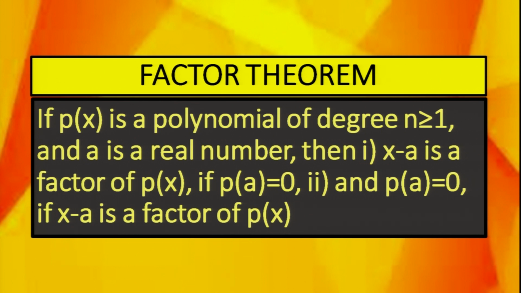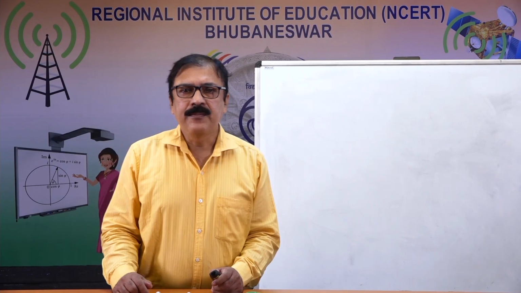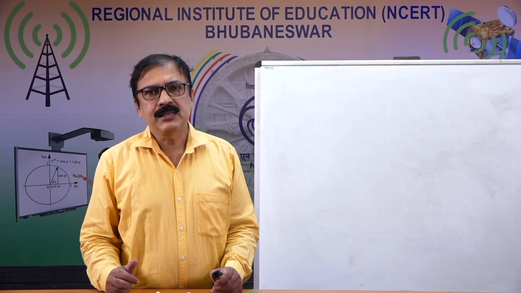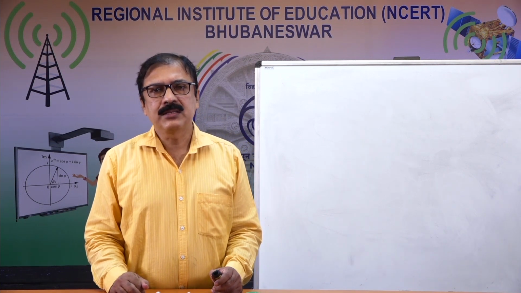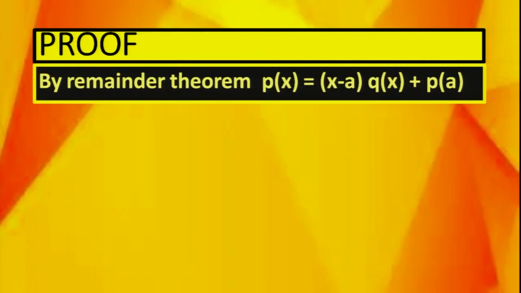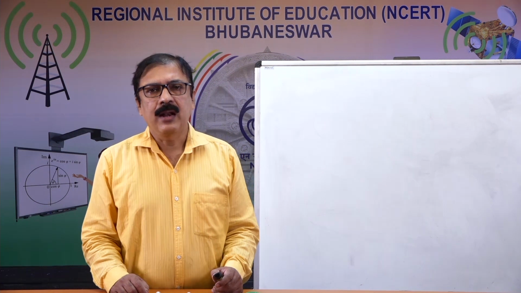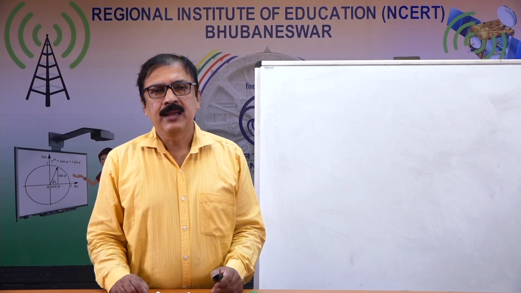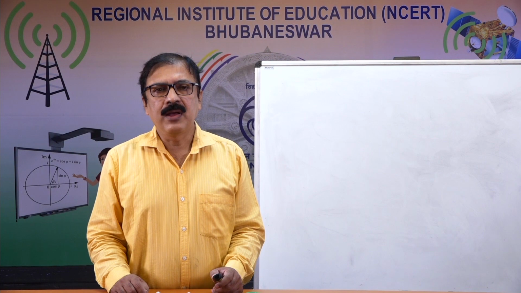Here, let's see what the proof is. How to prove it? First, by the remainder theorem, P(x) is equal to x minus a into q(x) plus P(a), as x minus a is the linear polynomial, so we can write like this, and the remainder is P(a). Here, x minus a is given.